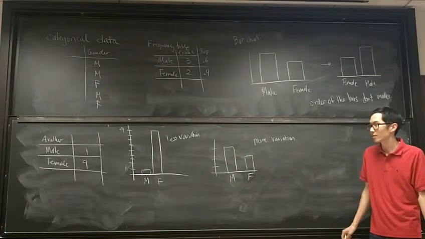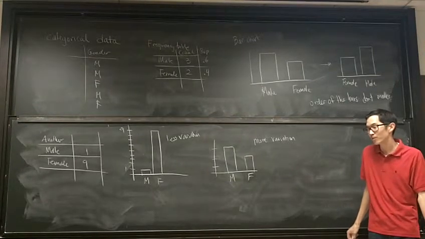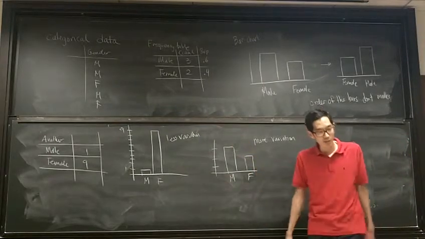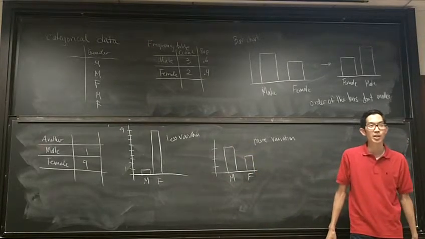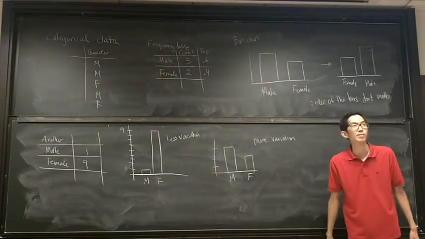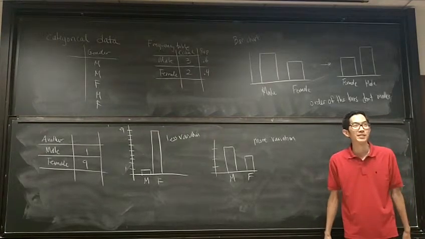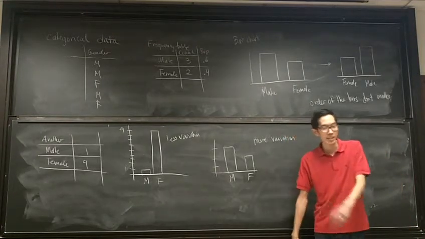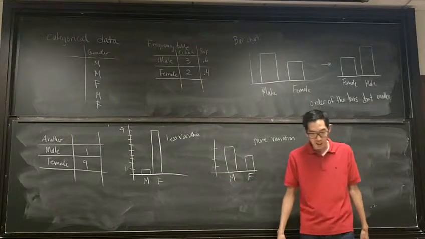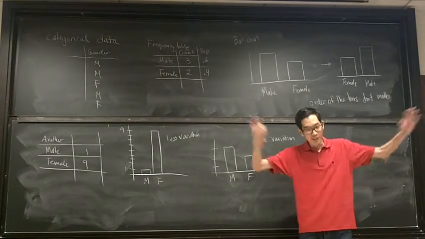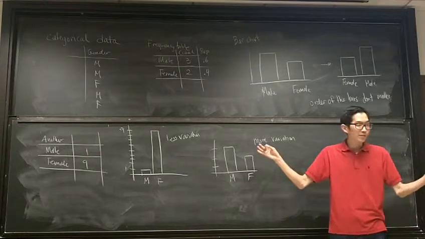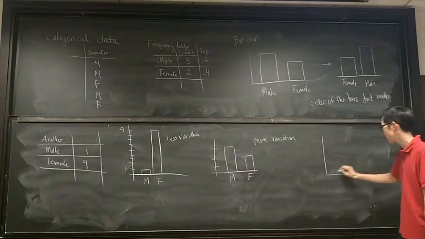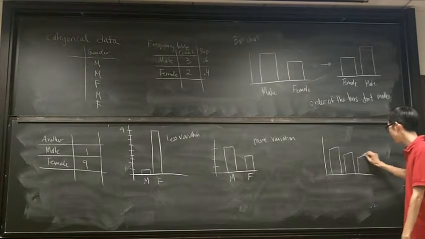So, is there more, maybe, ethnic variation in Los Angeles or, let's say, in Shanghai, China, okay? Well, in Los Angeles, we've got a lot of different ethnicities, a lot of different races, okay? And if we created a bar chart for the different races, it would look something like this.